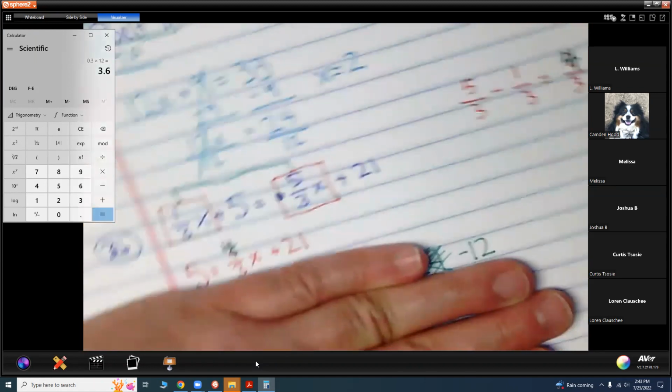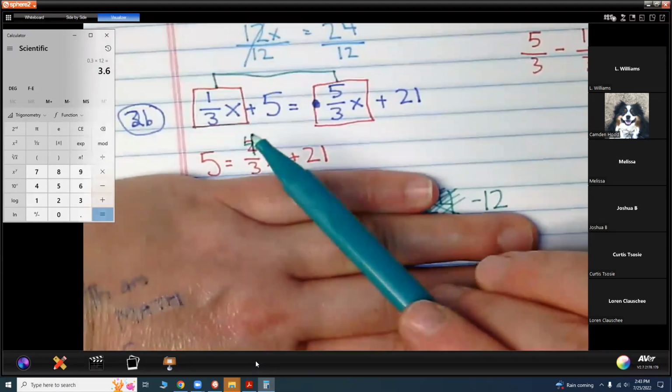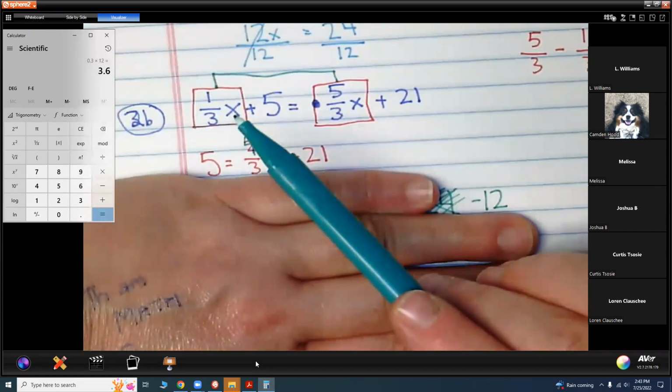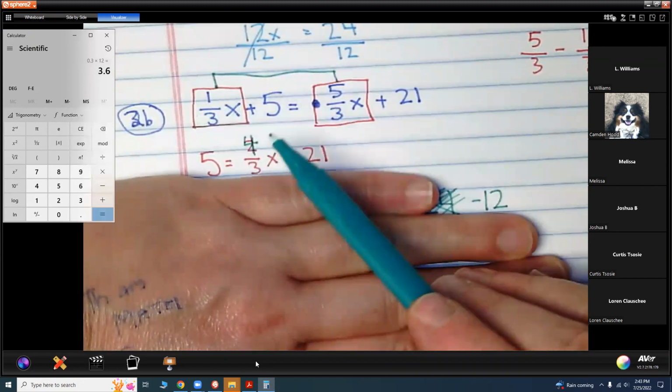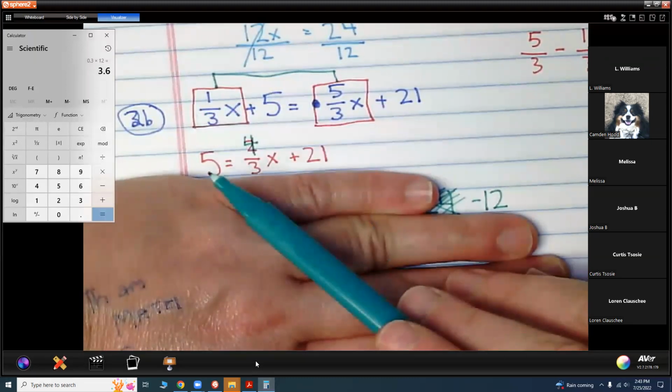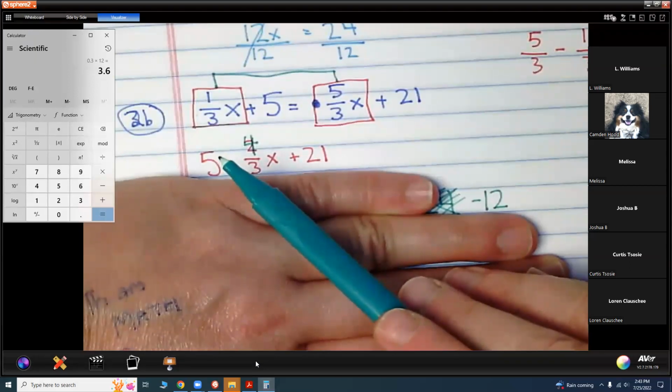Once again, 1/3 x minus 1/3 x is 0, so that cancels out the 1/3 x on this side, and I just have my 5 left over. Does that feel all right?